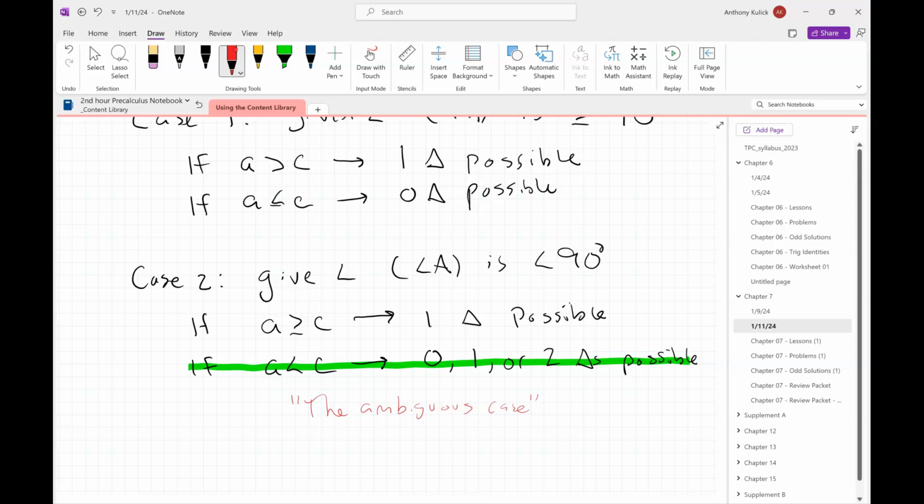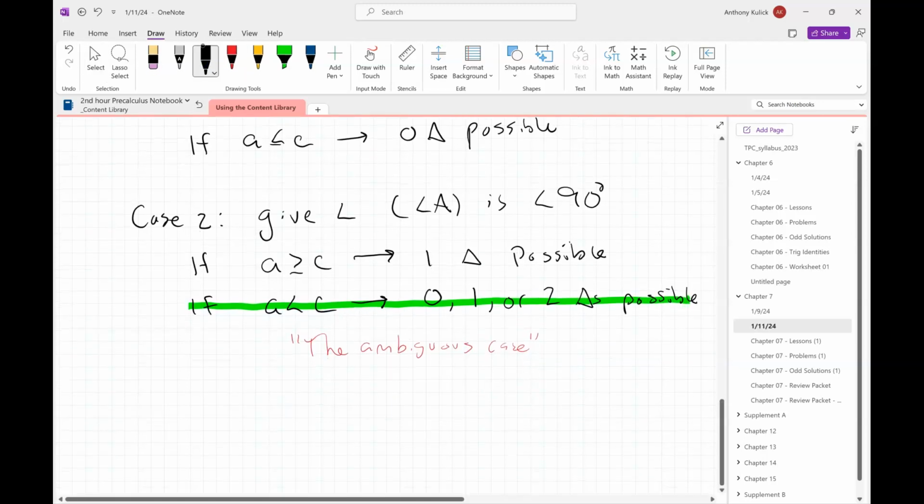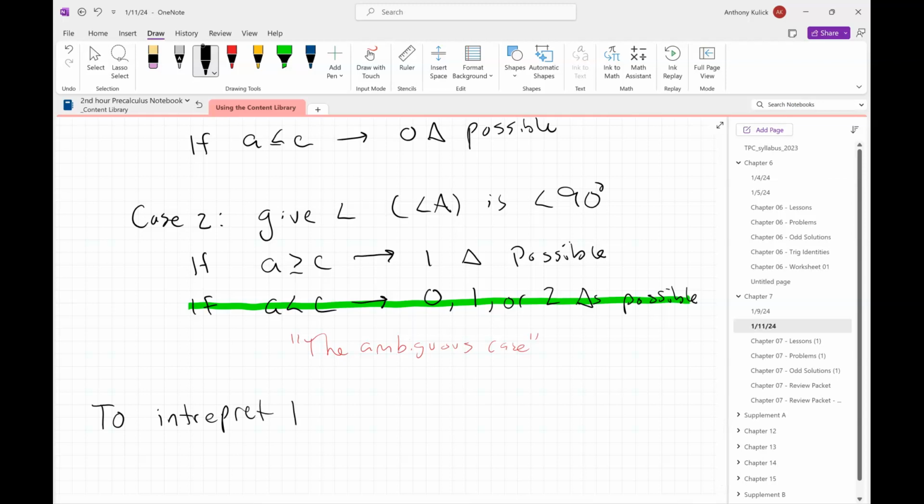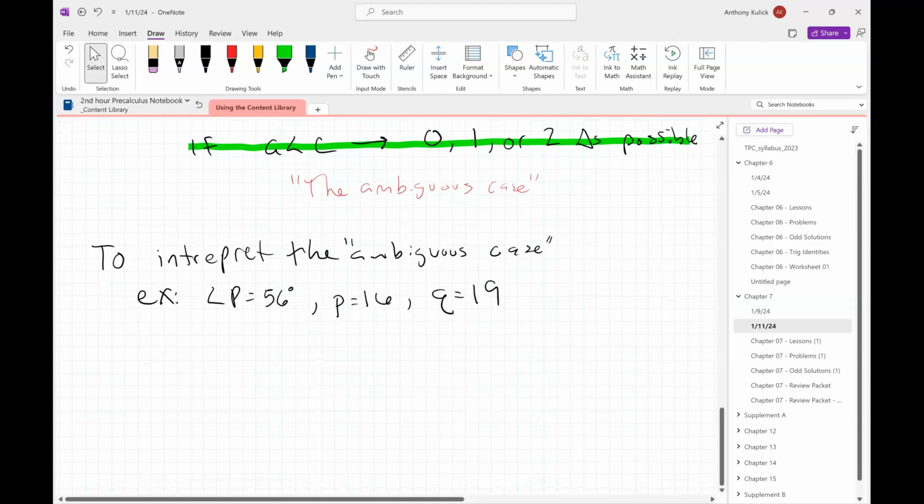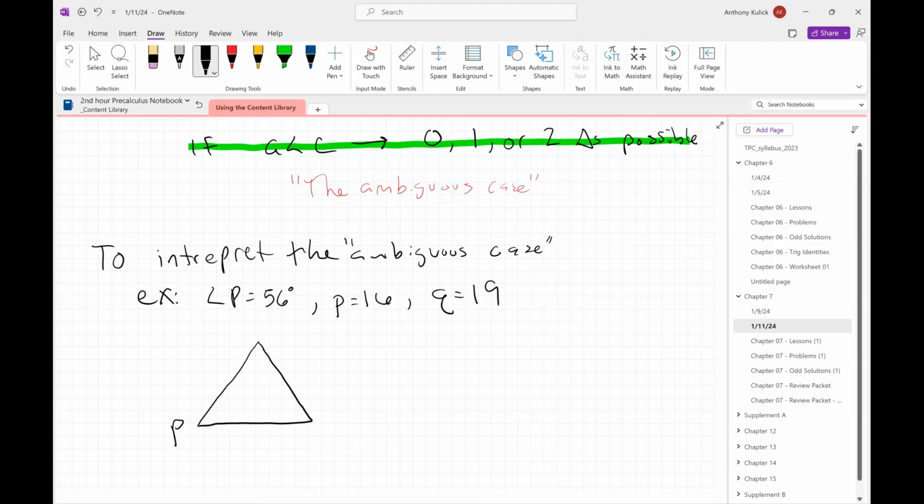Okay. To show you how to interpret the ambiguous case, I'm going to do an actual example. So let's say we have that angle P is 56, side P is 16, and side Q is 19.